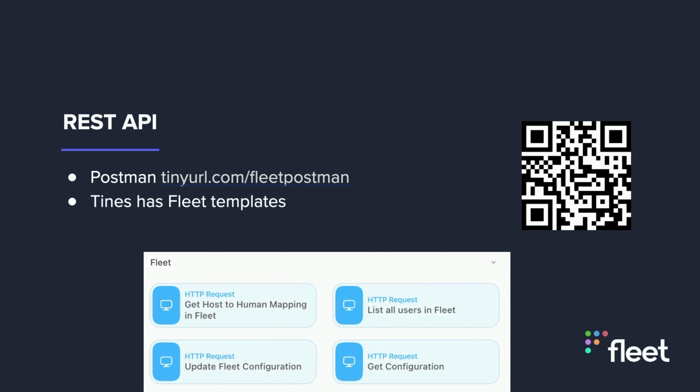I'm working with the n8n folks to duplicate this in n8n. And if there are other automation platforms that you're using that you would like to see this, please let me know. Reach out to me either in Slack, find me at the table, because I would like to extend this. I want Fleet to be accessible in whatever platform that you're using for that.